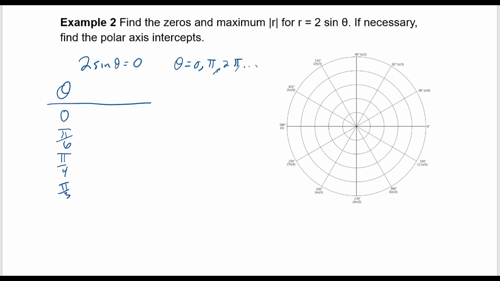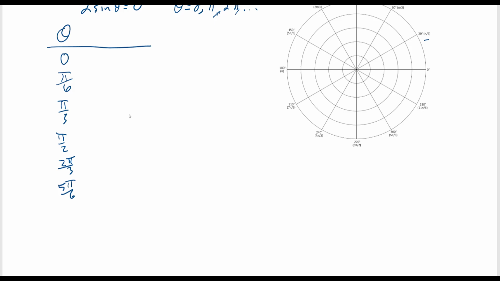Looks like my graph has pi over 6 to pi over 3, so I'm not going to do the pi over 4 then. So let's just do pi over 3, pi over 2, 2 pi over 3, 5 pi over 6, and we'll go to pi. Now I usually go one past that, so 7 pi over 6, to see if it's overlapping.